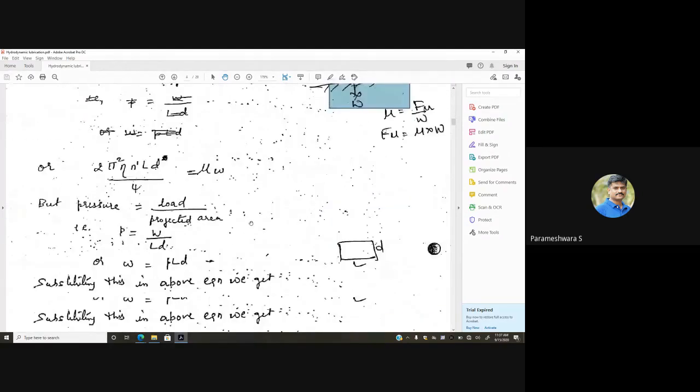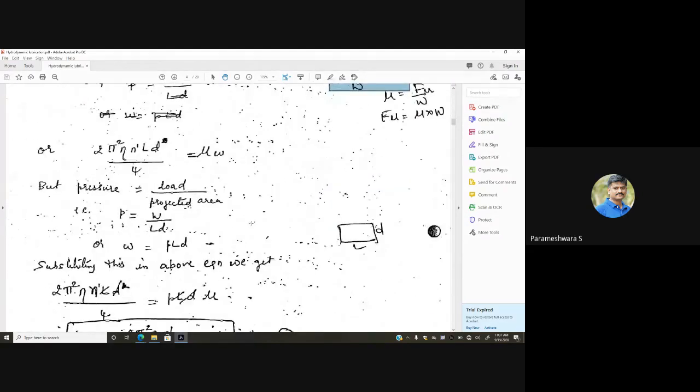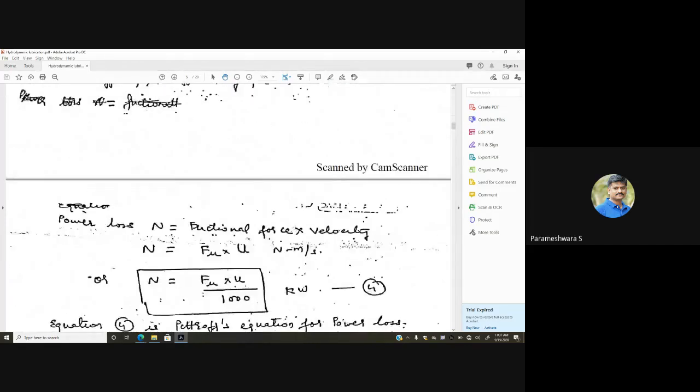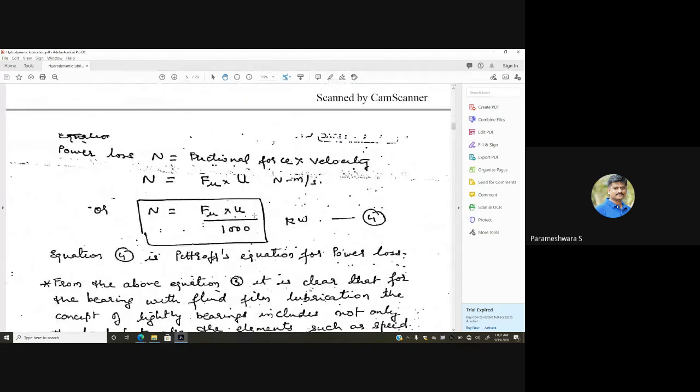So with the so derived formulas, we shall see one problem, and also one more important thing. Ultimately, you have to calculate the power loss, because whenever a journal carries a load or is rotating at some RPM, due to the frictional force, some power is lost.